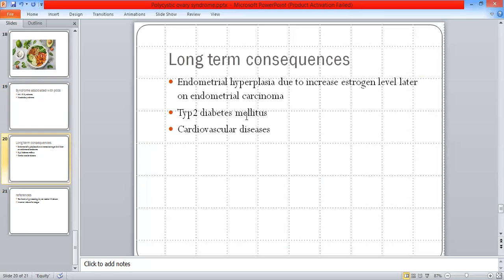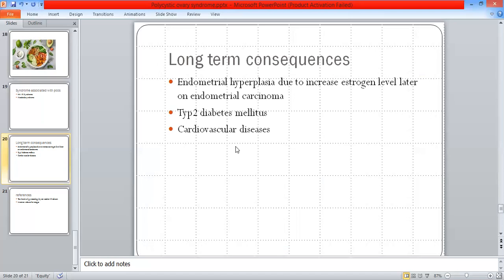So the patients with polycystic ovary syndrome are at risk of endometrial hyperplasia and endometrial carcinoma. And as I have told you, there is insulin resistance, so the patients are at risk of developing type 2 diabetes mellitus. Also, patients with polycystic ovary syndrome are at risk of developing cardiovascular disease due to obesity and type 2 diabetes mellitus.